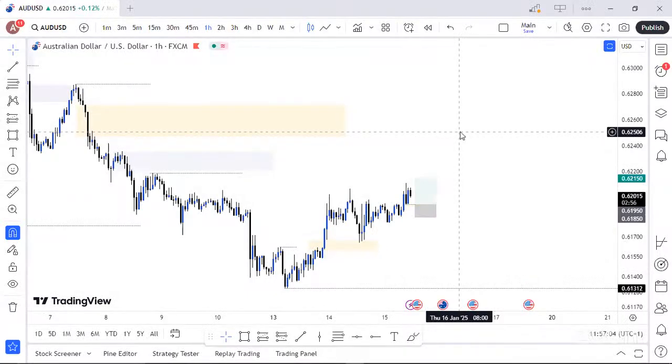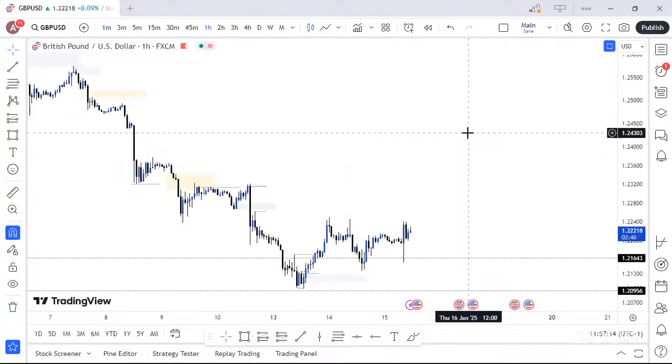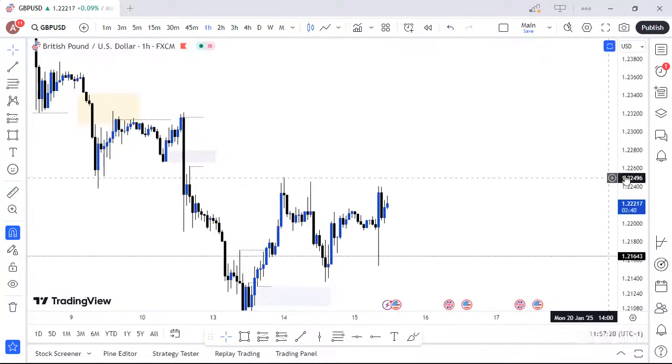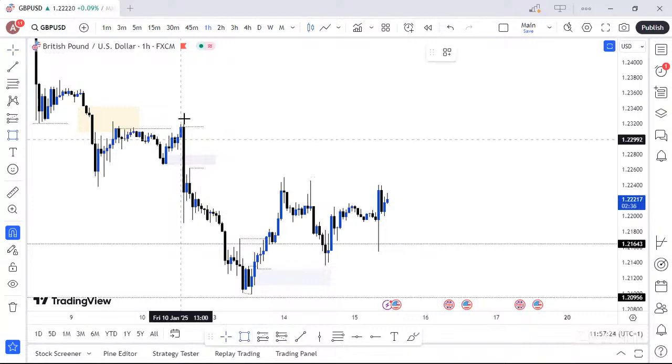Sito, share your screen. Bring out the GU again, sir. Our outlook on GU is actually similar. So basically, you have your order block here.